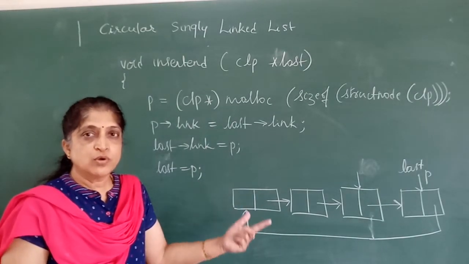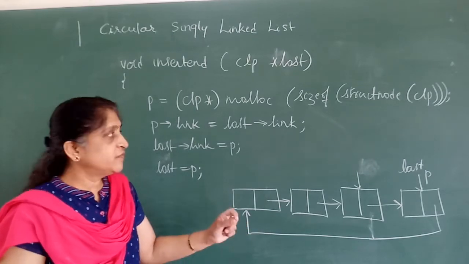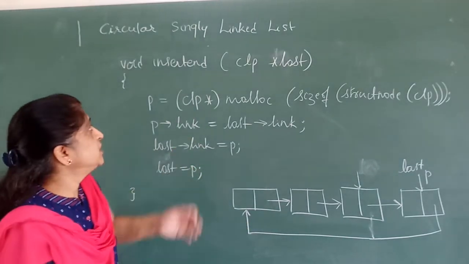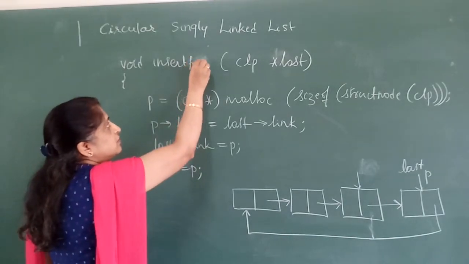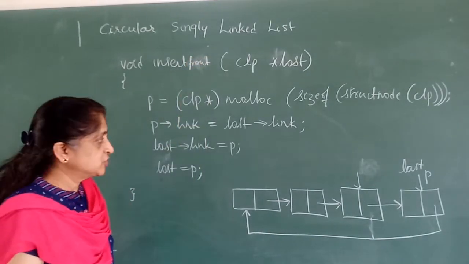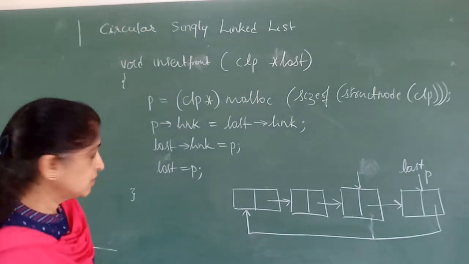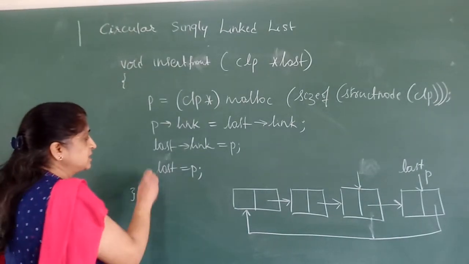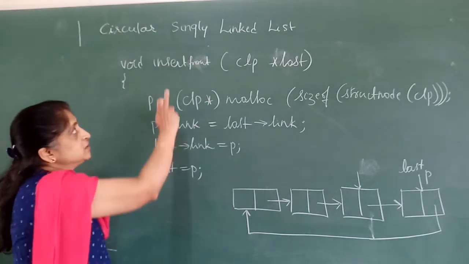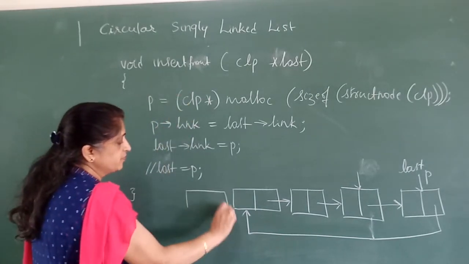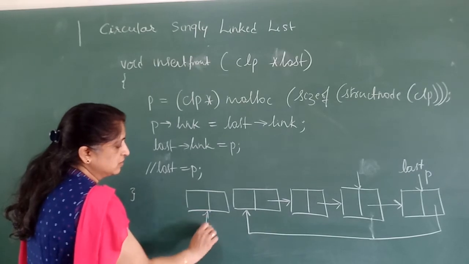If I want to insert at the front of the list, I have to make very minor changes. Change this insert end to insert front. I'm just changing the name of the function, and we need not write the last statement. It's in comment. So in insert front, I just perform p is equal to malloc.